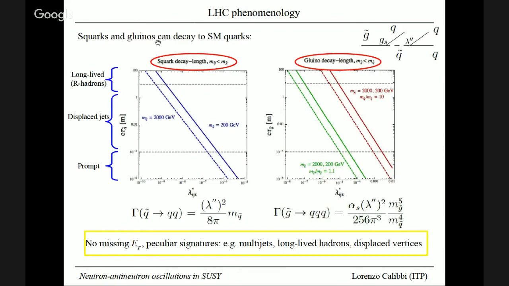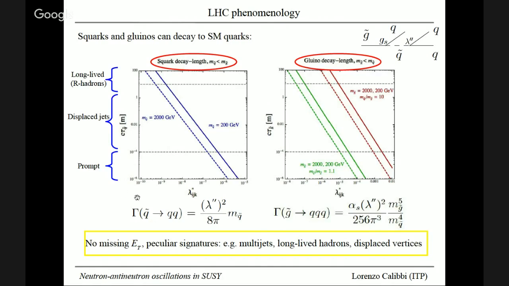So we have squarks and gluinos. They can both now decay to ordinary quarks. So this means that at the LHC, they will just give rise to jets. For instance, this scalar quark, this squark, can simply decay to two quarks, given our R-parity violating interaction lambda double prime, and this is a very simple expression for the decay width.